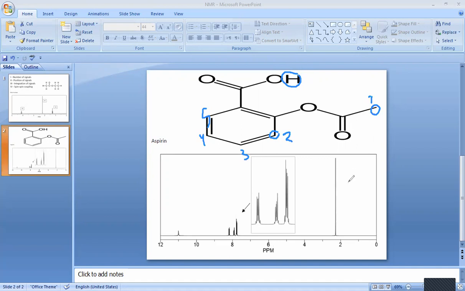So as we can see, we have 5 signals, 1, 2, 3, 4, and 5. Although I think we should have one more signal here. I'm just confused about this. For the sake of the explanation, let's assume that we have only 5 here.